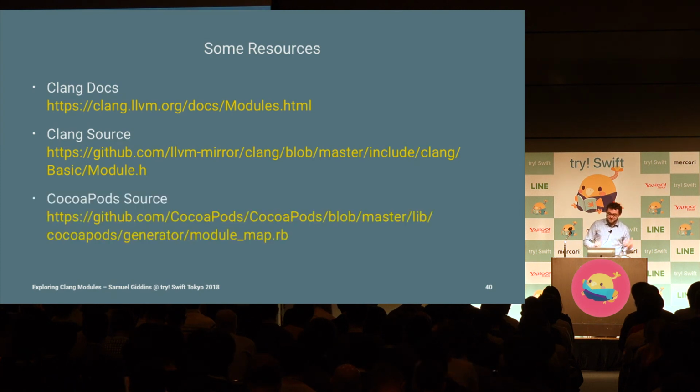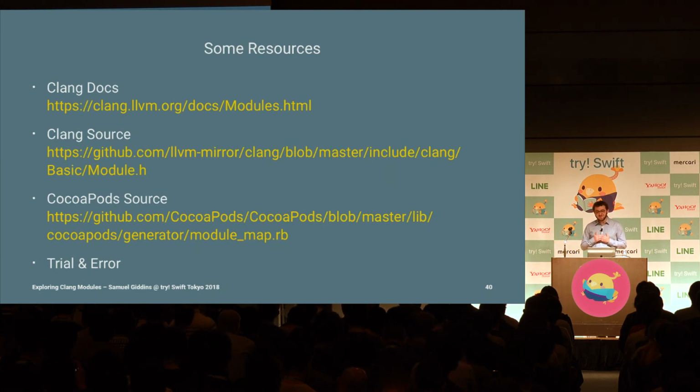If you would like to skip the learning and just find out how to generate module maps, I'd recommend looking at the generator we wrote for CocoaPods. And last but not least, there's, in my opinion, the best way to learn anything: trial and error.